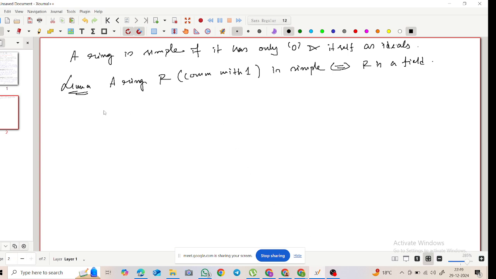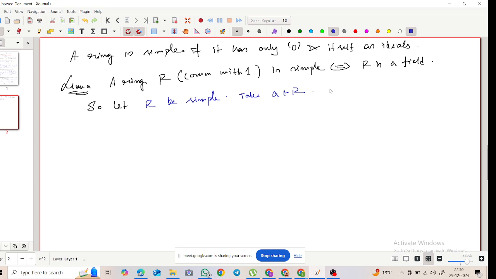So let R be simple. Take a belonging to R. We will have to show that this a has an inverse.